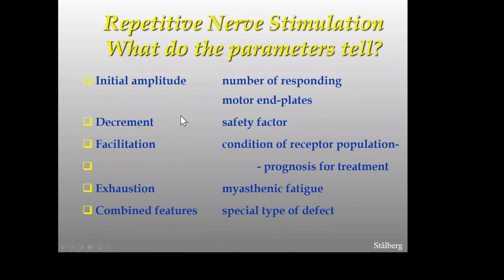The decrement is the safety factor, and the facilitation is how many motor templates still can respond to increase in amplitude after internal increase in acetylcholine or by drugs. And the exhaustion of the long-term activity is related to the myasthenic fatigue, and then we have a combined feature that I may allude to later.